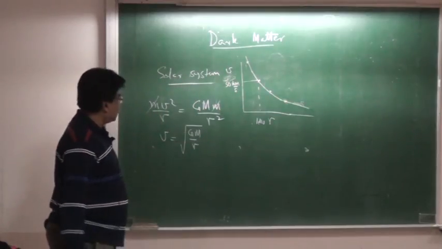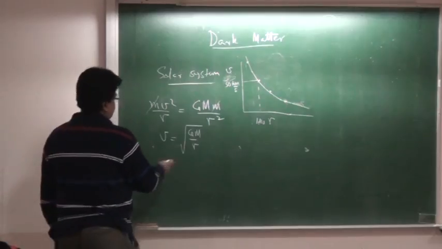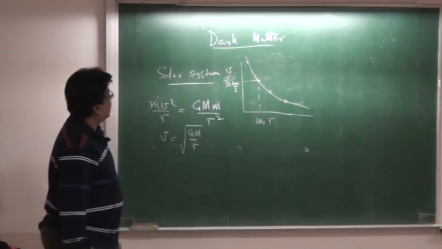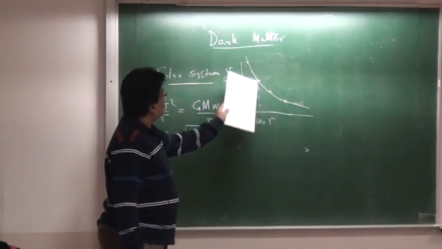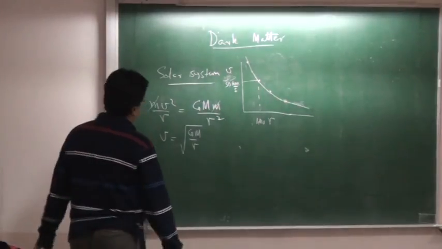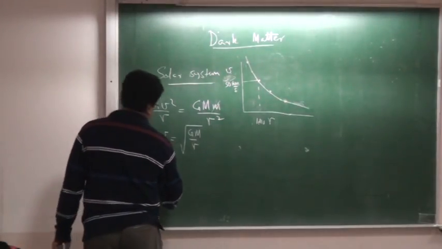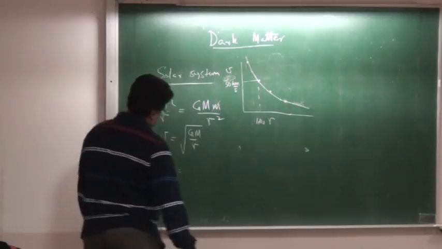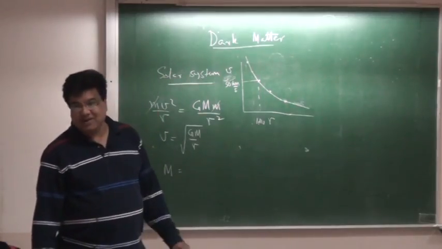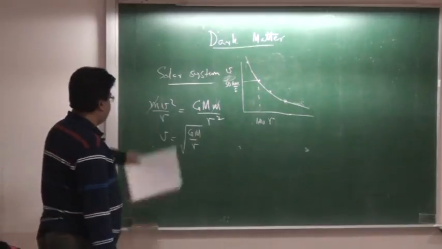So if you take this curve and you put in V equal to 30 kilometers per second, and R for the Earth is 1 astronomical unit, from here you can plug in these things and calculate M. So you try to do that and calculate the number just from this information.